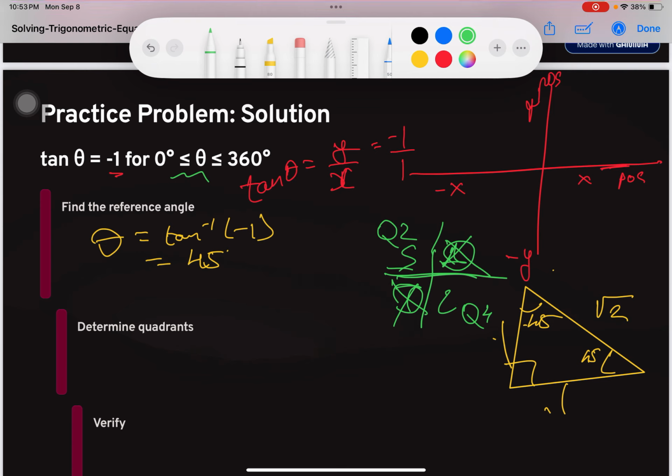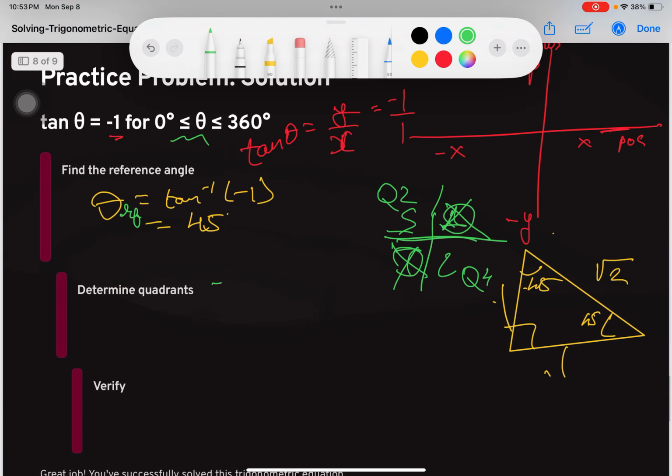So in this case, our reference angle is not a solution, and we have to find the answers. In quadrant 2, we do 180 minus the reference angle, 45, which gives you 135.